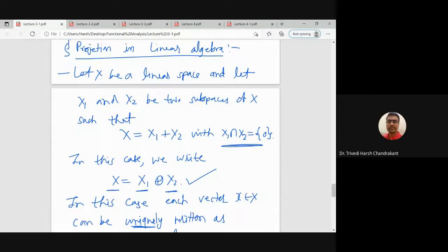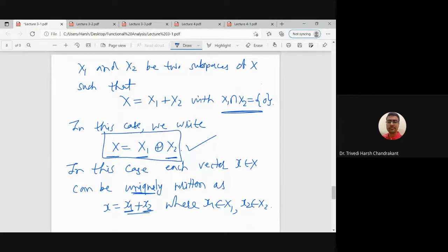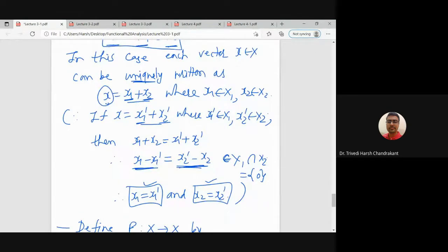Projection. What do we mean by projection in linear algebra? Whenever we have two subspaces whose direct sum is the given vector space, then we can define a projection from X to X1 or X to X2.